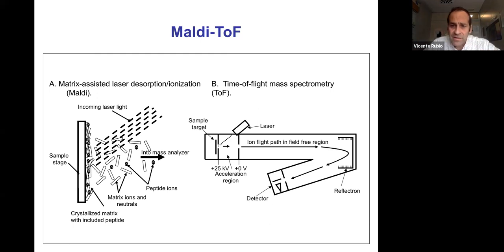So those peptides will take some time to fly from the ionizer to the detector, and we can separate them and classify them depending on their time of flight, which is specific to each peptide.